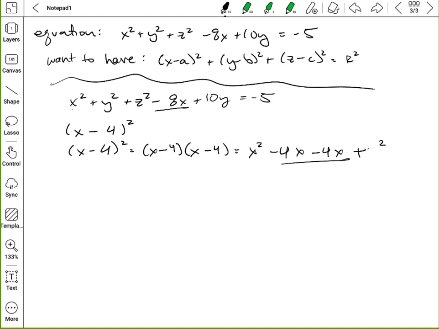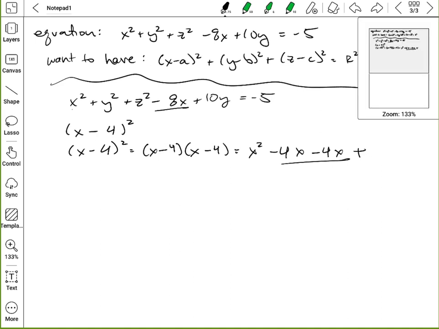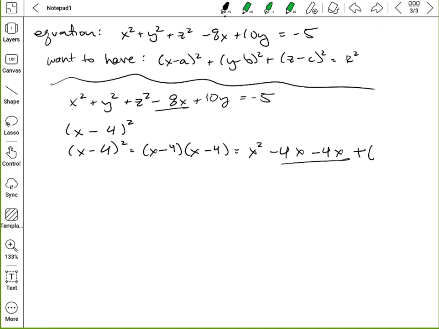Oh, I wrote it squared, plus 4 squared. Actually, to make that not confusing, I'm just going to write plus minus 4 times minus 4. And so this minus 4x would match that minus 8x. So we're good.